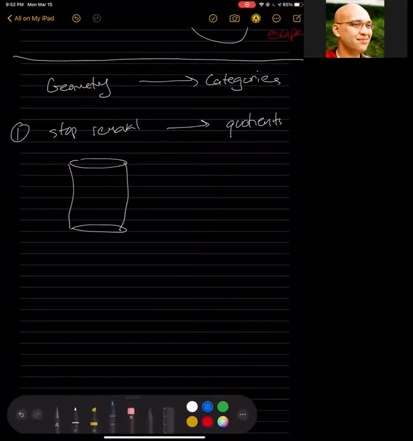If I remove the stop, just take away the blue thing.